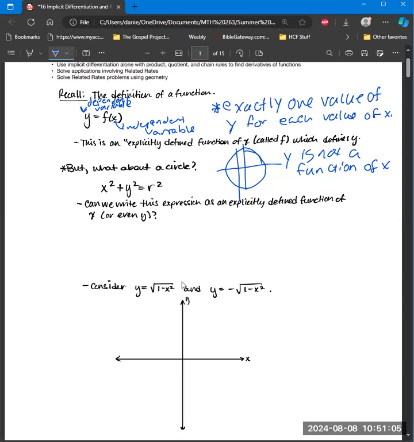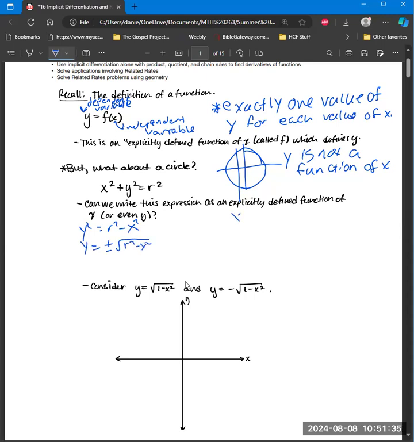So can we write this expression as an explicitly defined function of x or even y? Let's try it. I'm going to tell you we're not going to get just one piece if we try to do that. We can say y squared is equal to r squared minus x squared, and then y is equal to plus or minus the square root of r squared minus x squared.